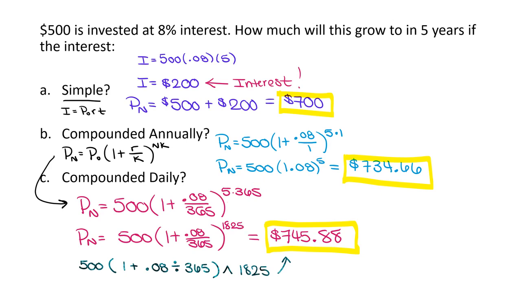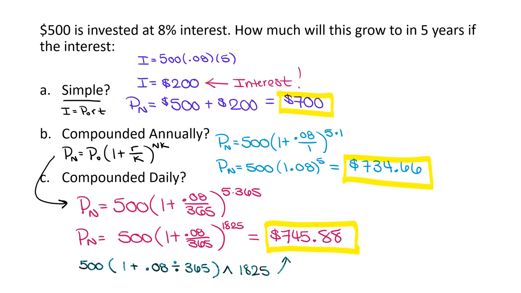So I wrote down in the bottom of the screen in green what I put into my calculator. The keystrokes in your calculator might be a little bit different, but in mine, I just typed in the 500, parenthesis, 1 plus 0.08, divide 365, parenthesis, exponent 1825, and I got this 745.88.